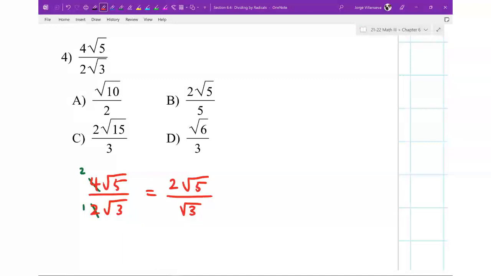So, since I can't combine them, but radical 3 is a problem, then what do I multiply the top and bottom by? Well, not just 3. Yeah. Radical 3, right? That's the issue, right? The square root portion of it, right? We're not supposed to have radicals in the denominator. How do we fix it?